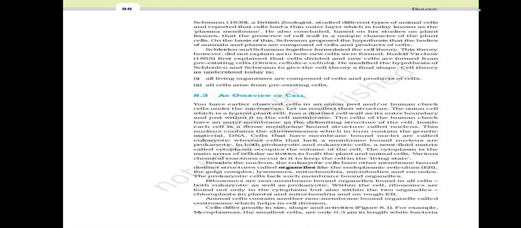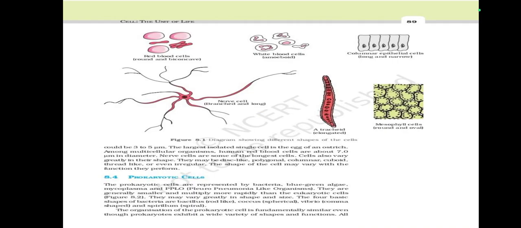Cells differ greatly in size, shape, and activities. Figure 8.1. For example, mycoplasma, the smallest cells, are only 0.3 micrometer in length, while bacteria could be 3 to 5 micrometer. The largest isolated single cell is the egg of an ostrich.